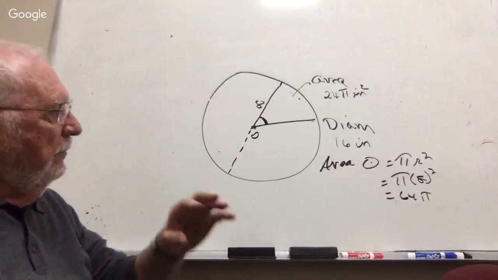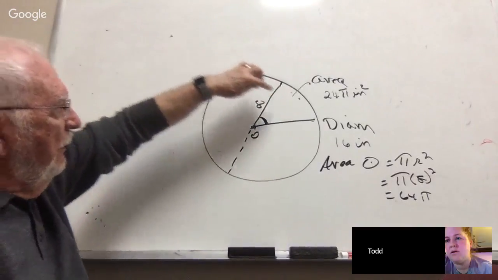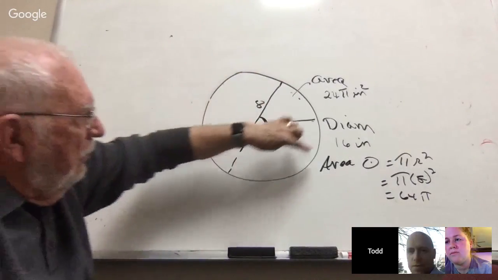So if the area of the whole circle is 64 pi, and the area of this little sector right there is 24 pi.